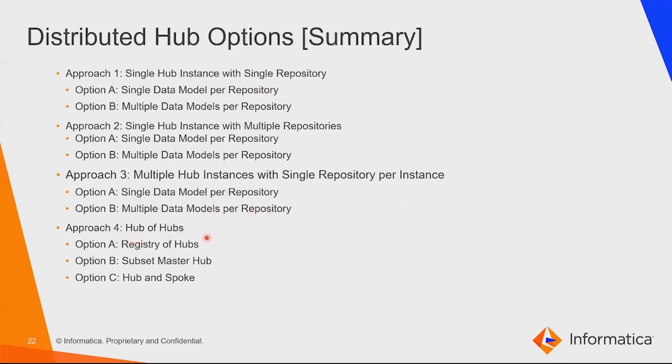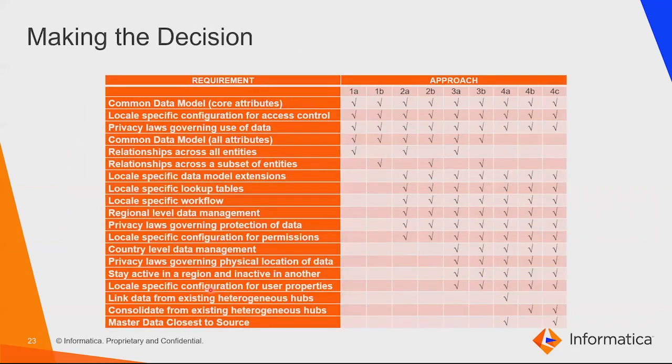And finally, the hub of hubs, which is either a registry of hubs where you're just registering your IDs of segmented MDM data, or you could create a subset master hub where you are creating multiple segments and then mastering it, or the hub and spoke model. So this is the final summary where we can see all the different requirements and the different federated architectures that can fulfill these requirements and the options that you have while you are doing it.